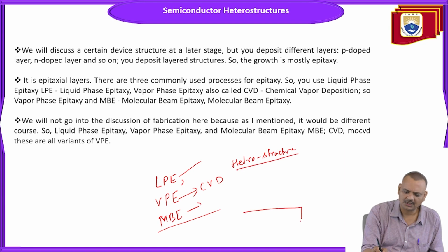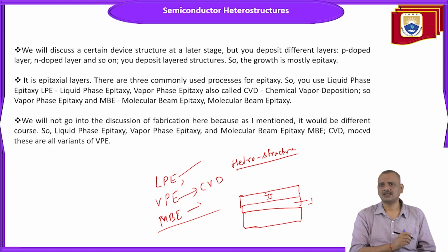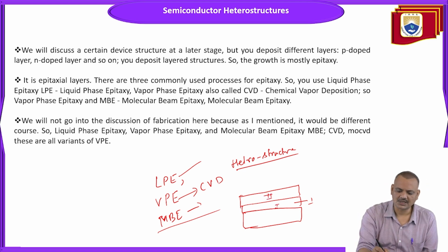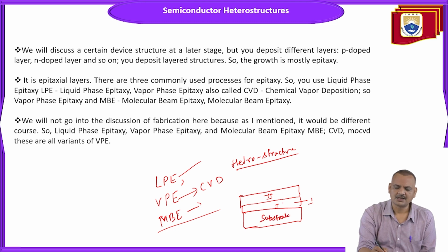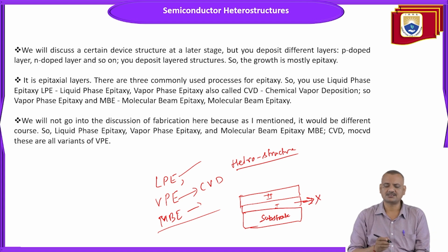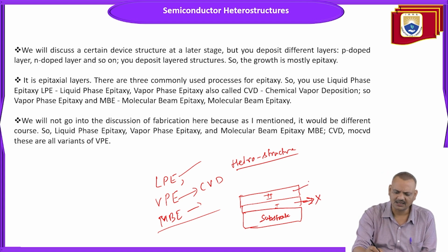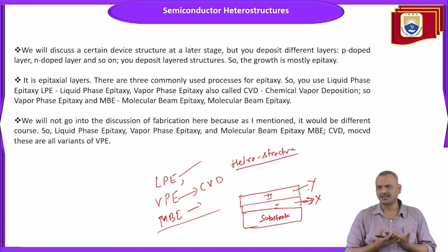So again I am telling you, let's suppose this is the substrate. This is a kind of epitaxial layer. This is the first layer. Now you are growing a second layer: second layer, first layer, substrate. Now the first layer is formed with, let's suppose, a kind of X material, and the second layer is formed with a kind of Y material.